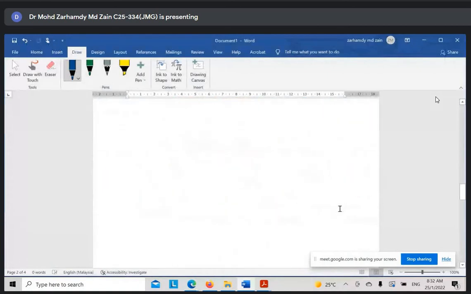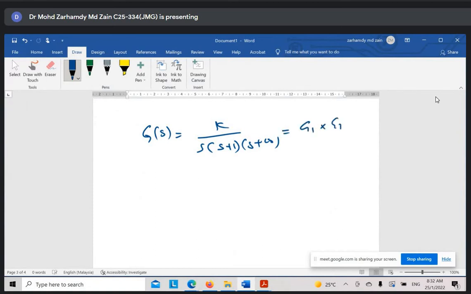Nanti dia akan bagilah. Okay, for example, we have this kind of system: S plus 1 and maybe S plus 10. So from here, we can divide it into G1 multiplied by G2 multiplied by G3.